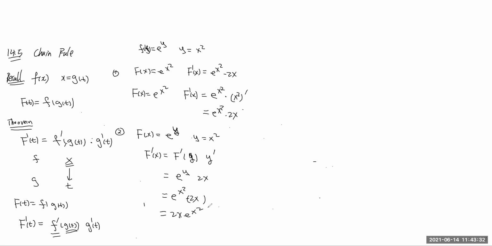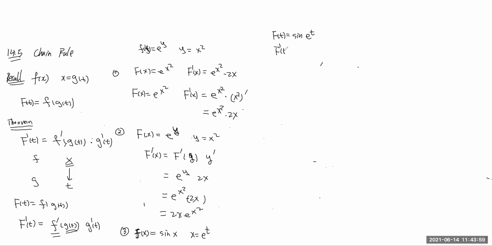No more talk about this part. Okay, just give one more, in case you forget it. We have f(x) = sine x, and x = e^t. So let me write it out. F(t) = sine(e^t).